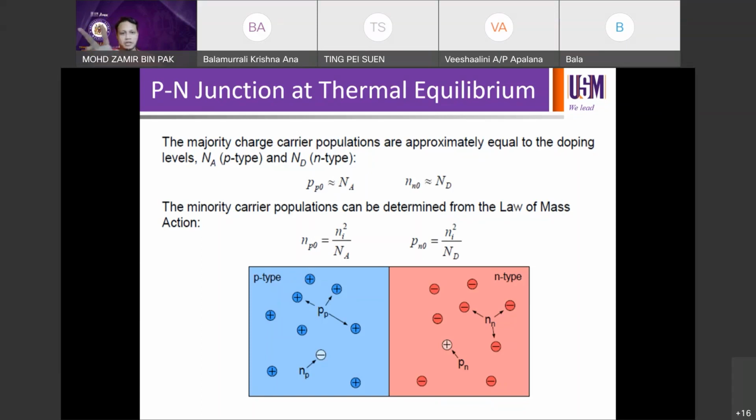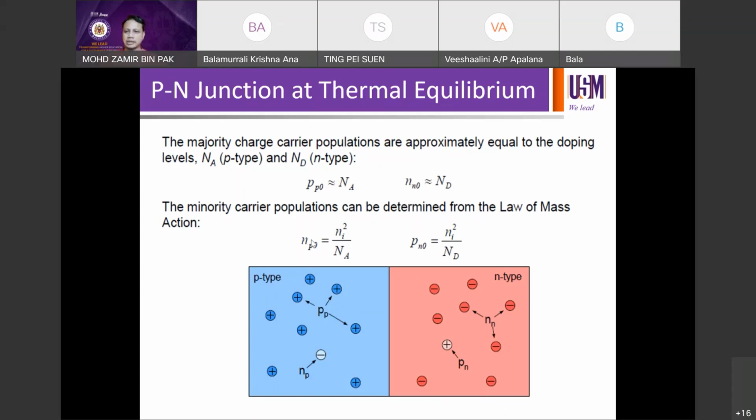So these two, PP naught equals NA and NN naught equals ND, are called majority carriers, which is due to the contribution of the doping. On the other hand, we have also discussed minority carrier population, which is given by the law of mass action: N times P equals ni squared. And in the p-type material, the minority carrier is labeled as NP naught. Okay, the majority is labeled as PP naught.